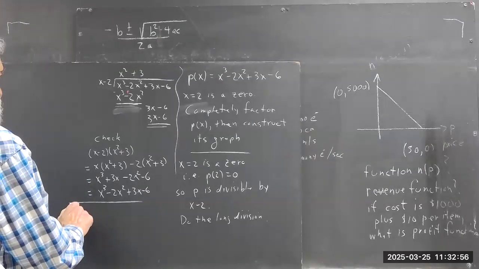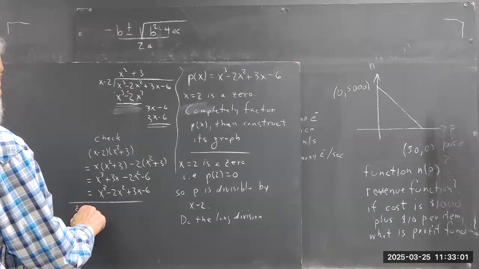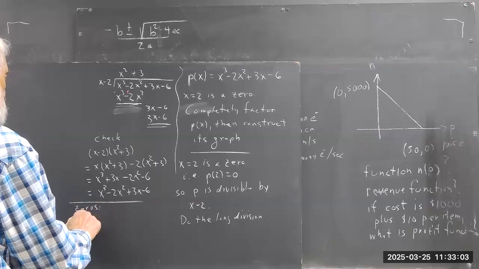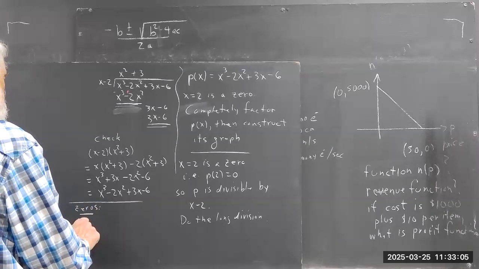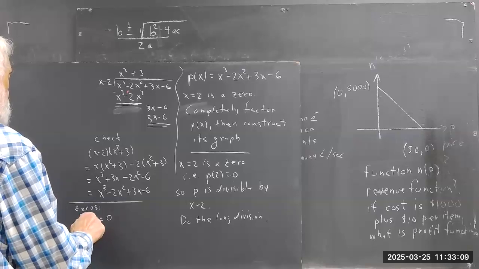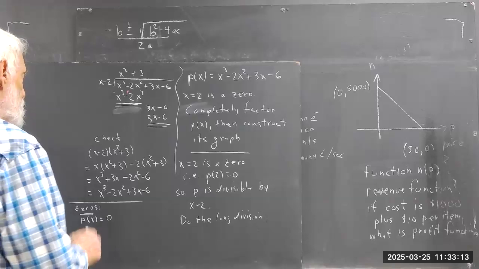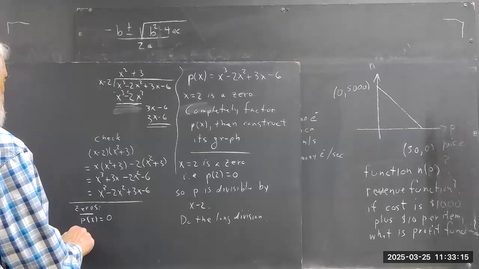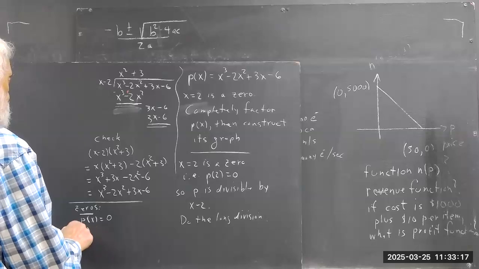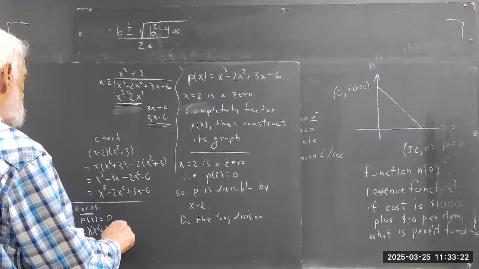So, here are the zeros, solutions to the equation P of x equals 0. P of x is x minus 2 times x squared plus 3.